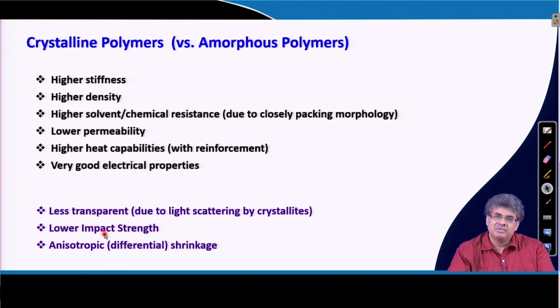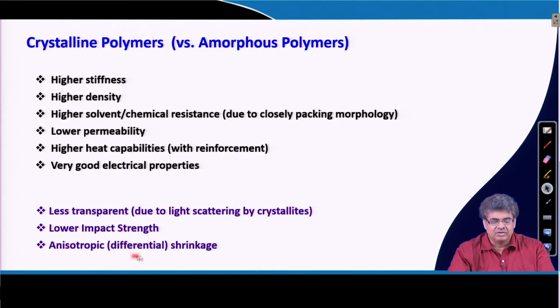Because the polymer chains are tied up with each other or are crystalline, in most or some part, their impact strength comes down, because to have a higher impact strength the polymer chains must be flexible enough to absorb the sudden impact or sudden input of mechanical energy and diffuse it, which is not possible for semi crystalline samples.